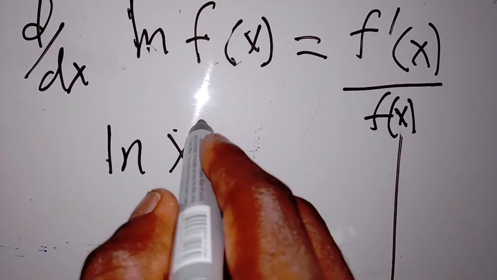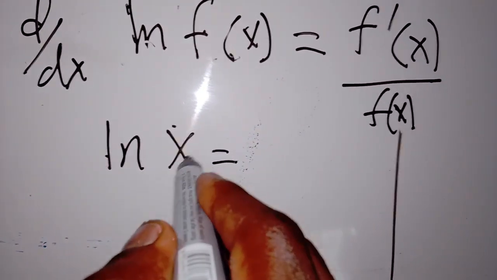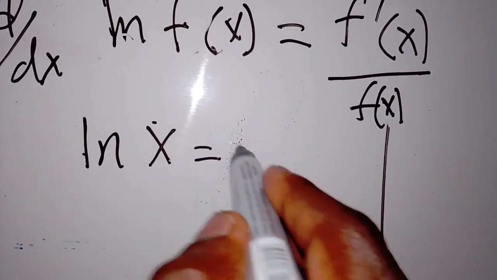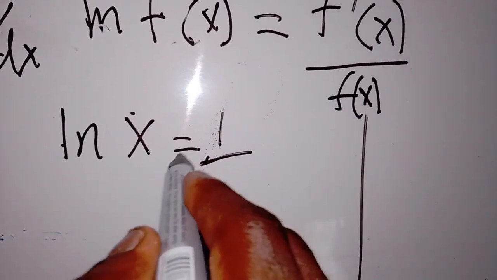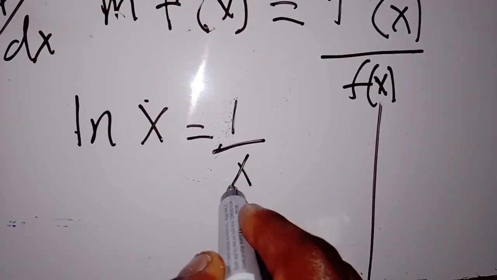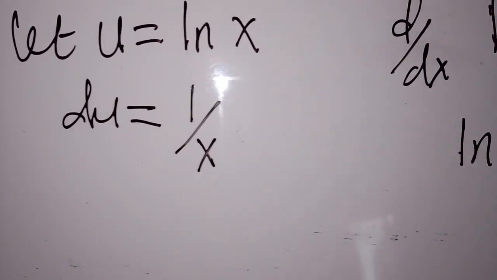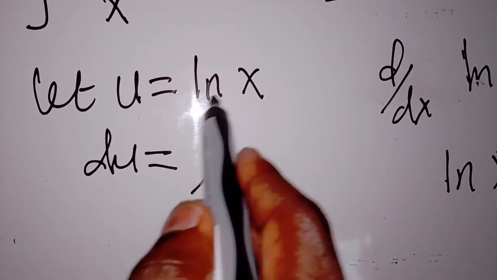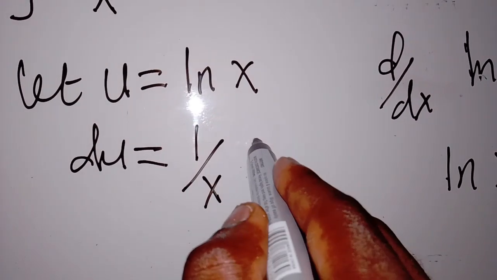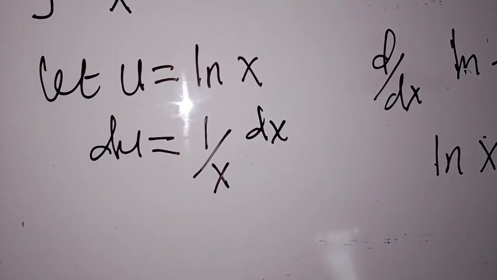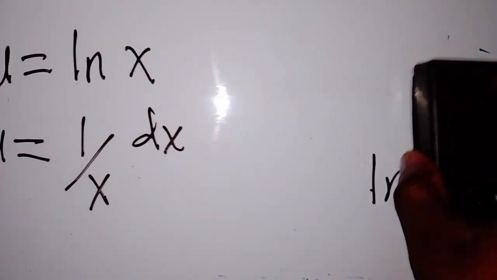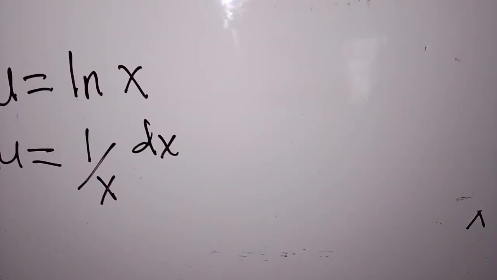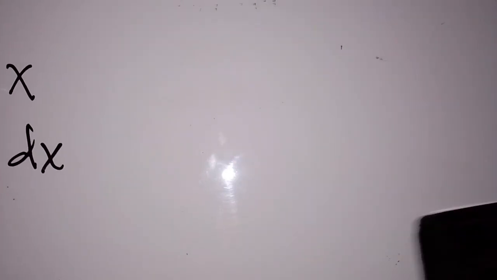If you differentiate x, it is 1 times x to the power 0, which is 1, over ln x's argument x without differentiating. That's why we got 1 over x dx. I'm sure you have gotten the point. That's how it is.